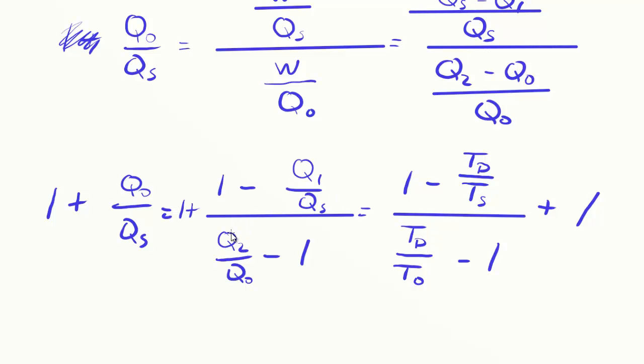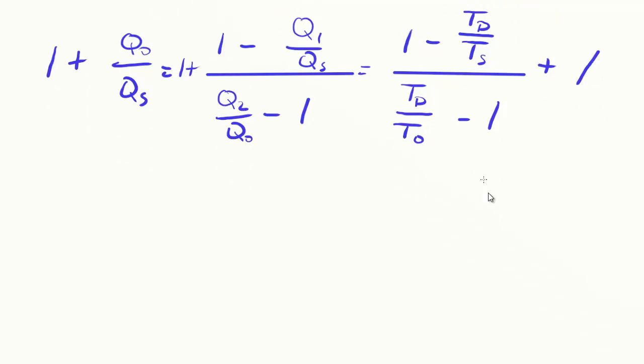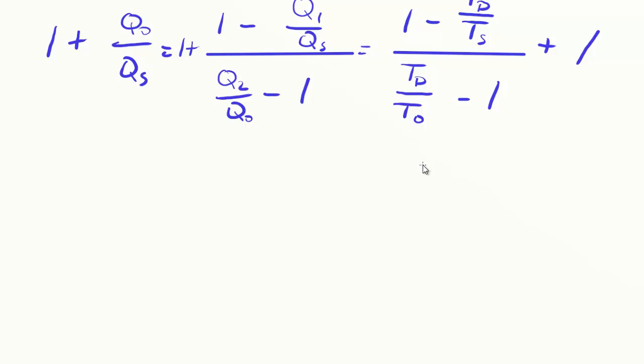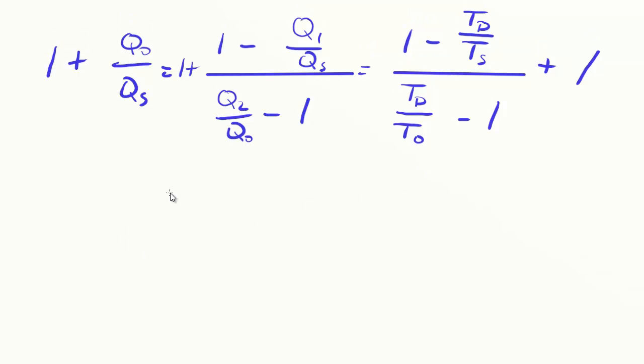I've also seen this from another source, written in a slightly different form, but this is correct. But we can do some algebra to make it look a little nicer so we don't have all these ones here. We can get rid of all of these ones. So I'm just going to quickly go through, and this is purely algebra. Let me rewrite this a little bit.